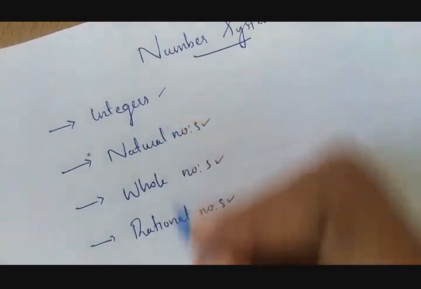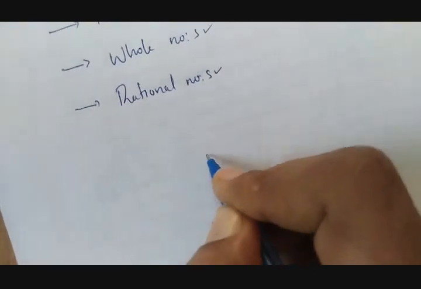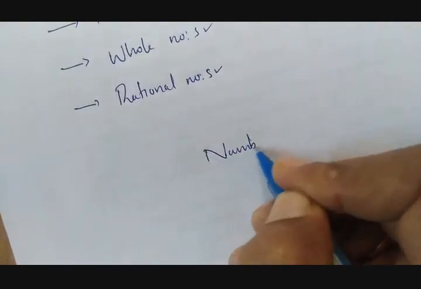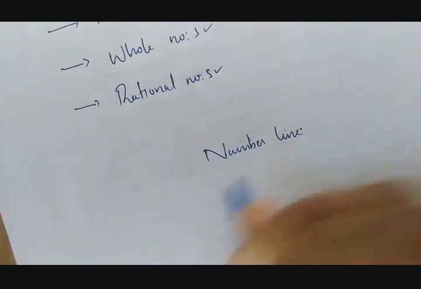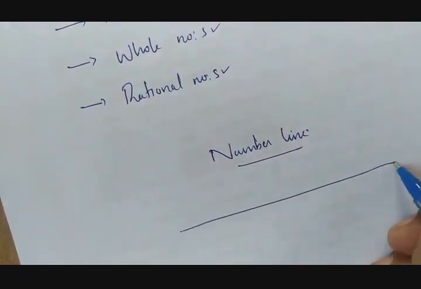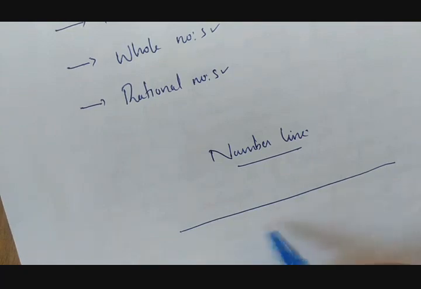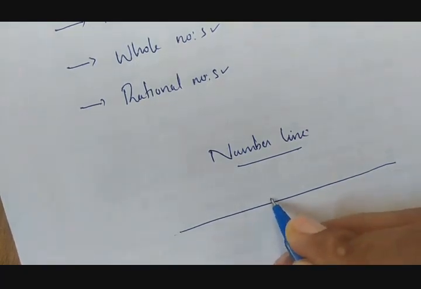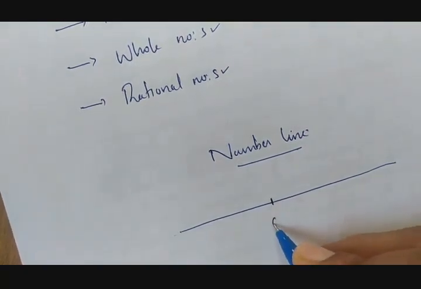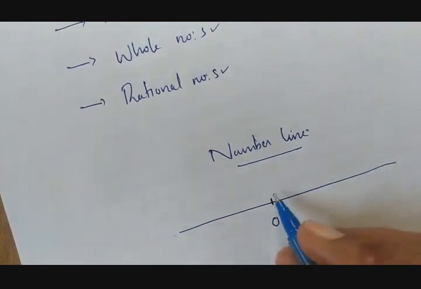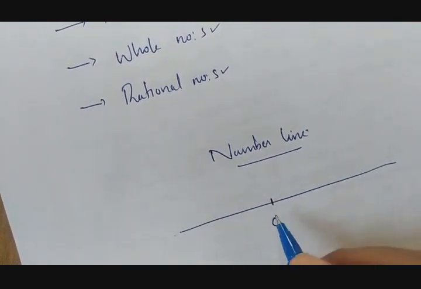Before going to this categorization and details, let's discuss the number line. A number line is a line which consists of all types of numbers, and we can divide a number line into 2 by 0.